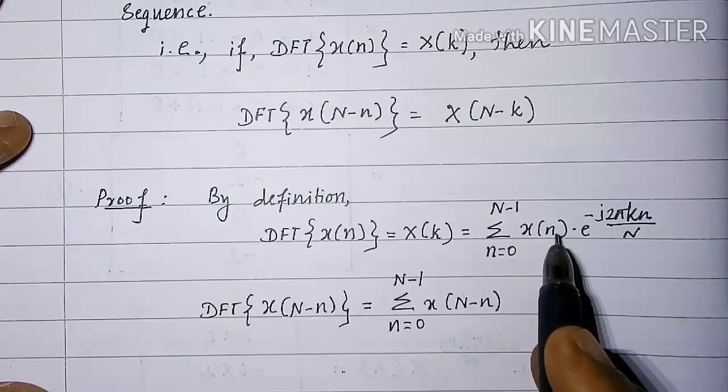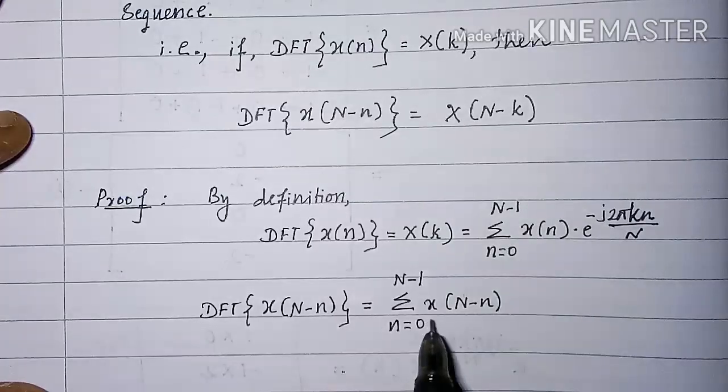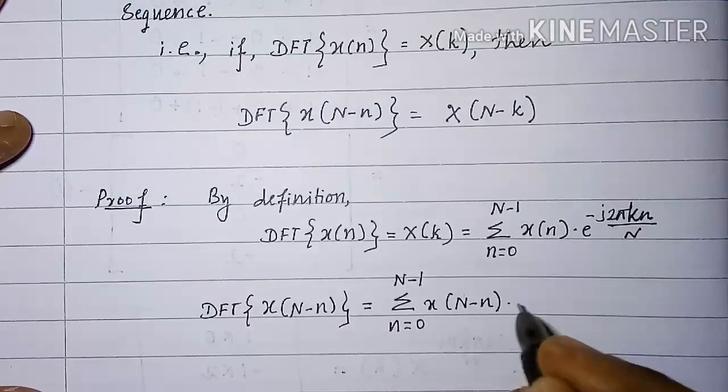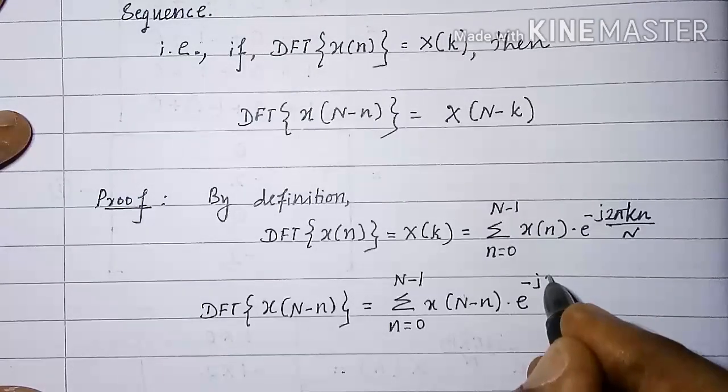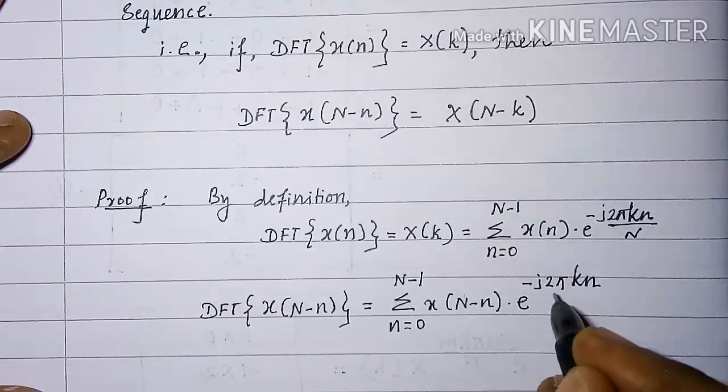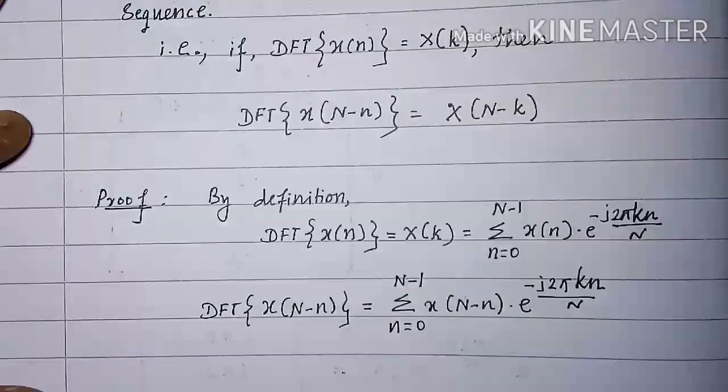So here also in place of x of n we have to put x of N minus n into e raised to minus j 2 pi kn upon capital N.